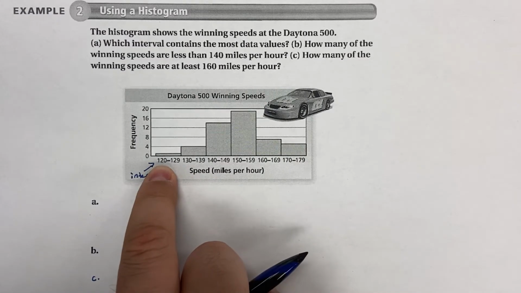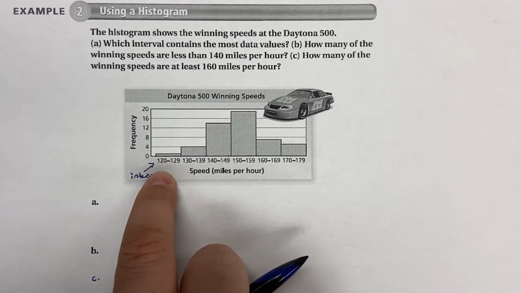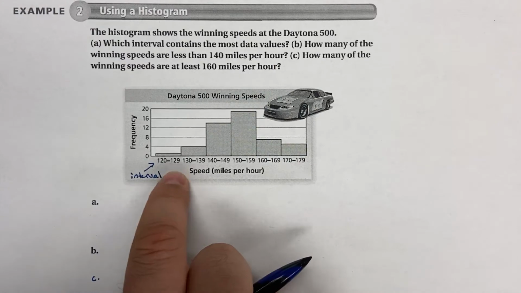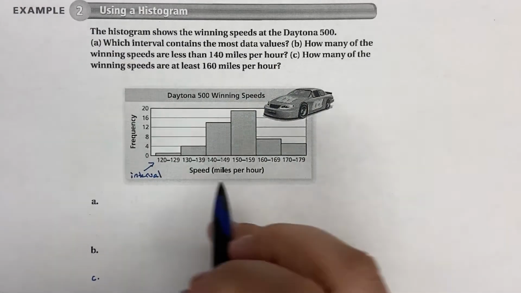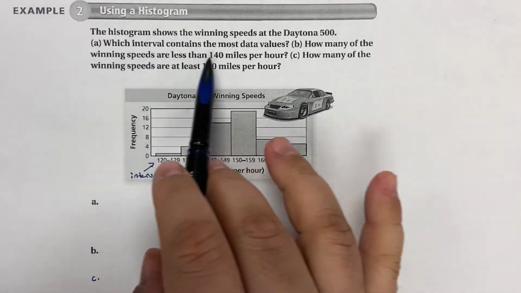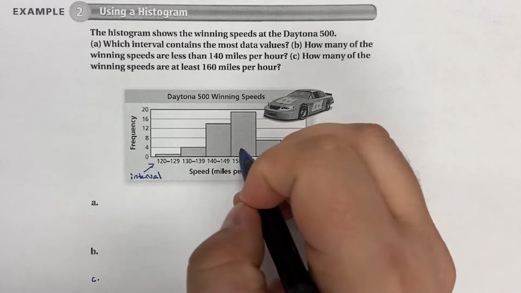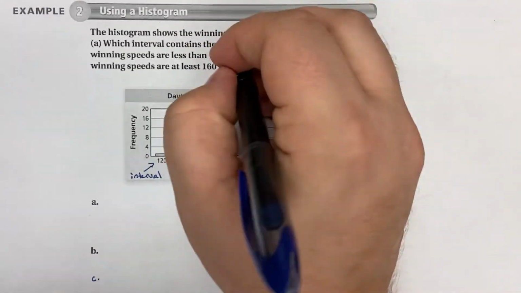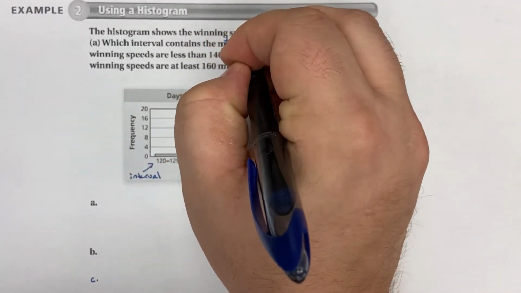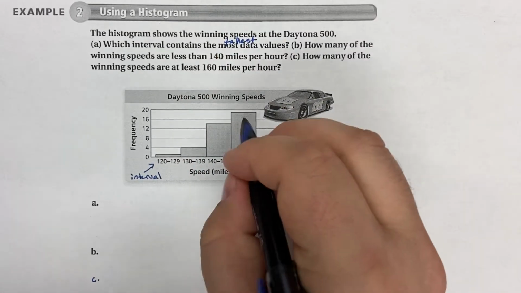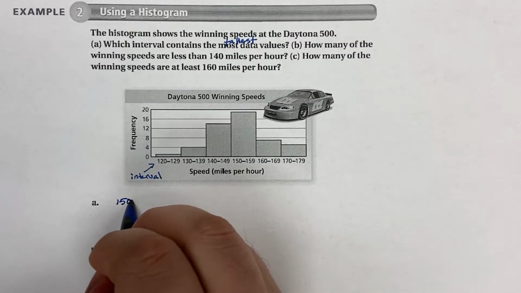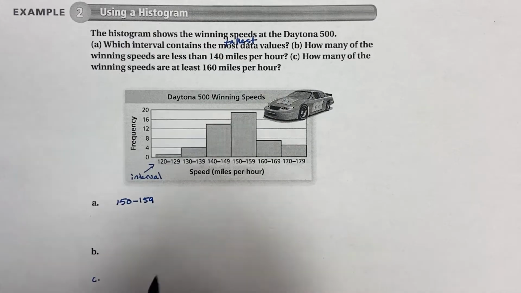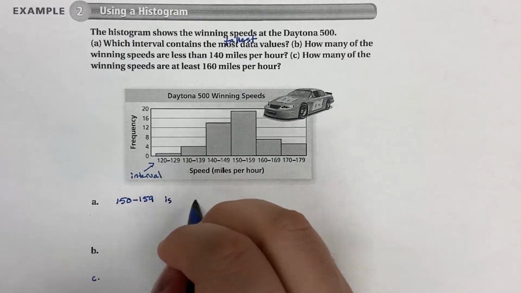So this many cars, as far as the bar goes, are driving 120 to 129 miles per hour. The easiest way to tell which one has the most data is which one is the tallest. So A is the tallest for most. Well, the tallest is 150 to 159.